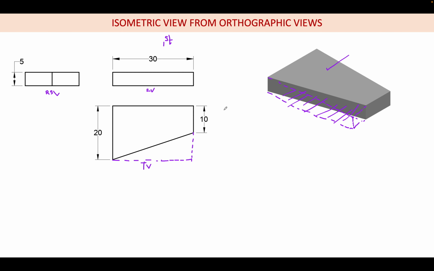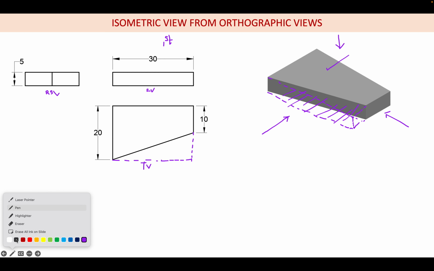After slicing, what is the remaining that we are drawing? This is the view. So this is the front view, this is the top view, and this will be the right side view. This is the visualization.